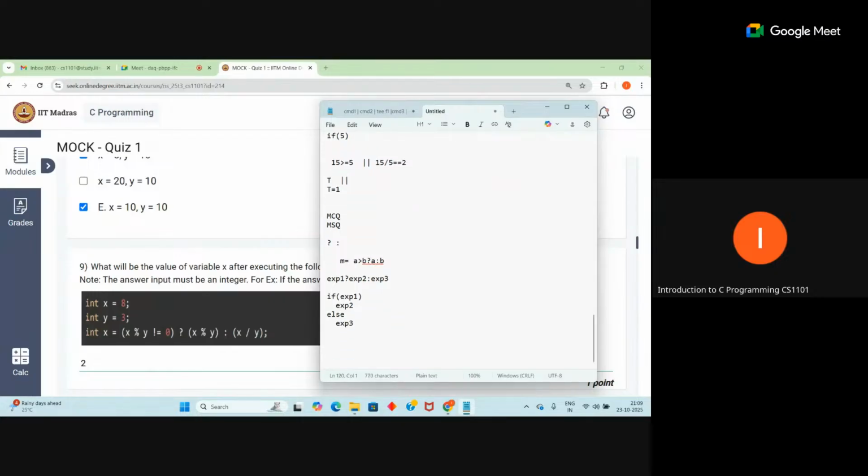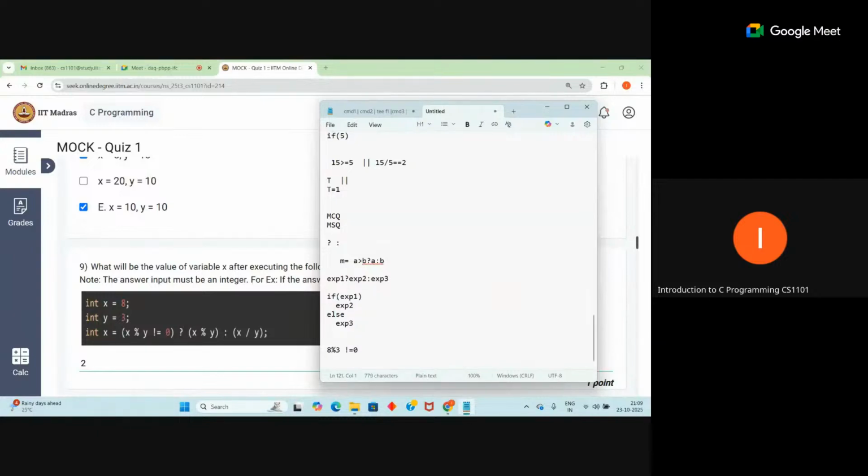Now, what is your expression 1 here? x mod y not equal to 0. What is the x value given? 8. y value given is 3. So 8 mod 3, you will get a remainder of 2. What remainder will you get?